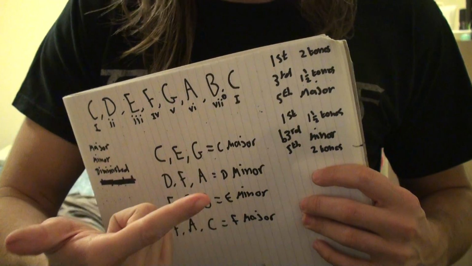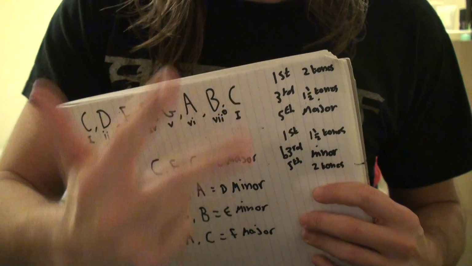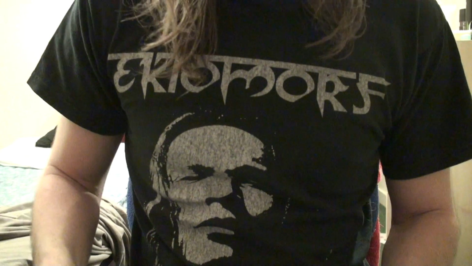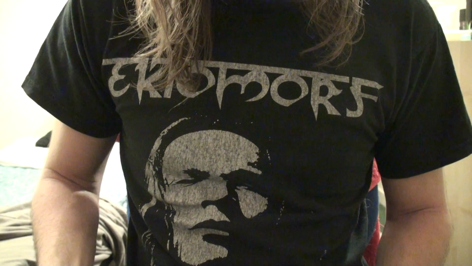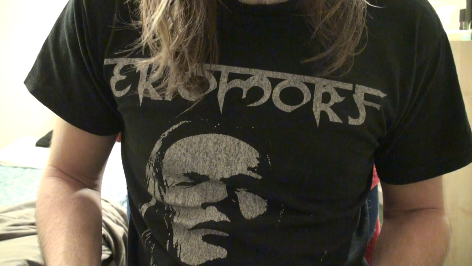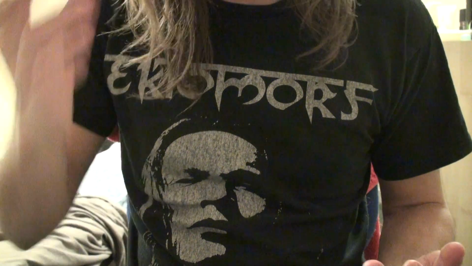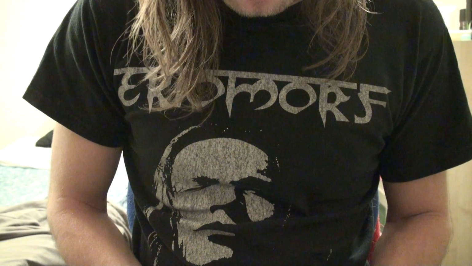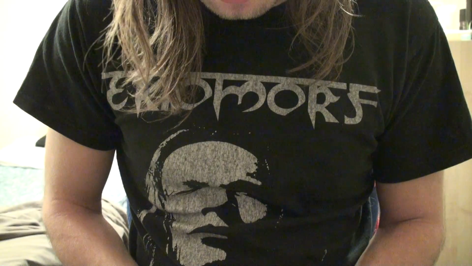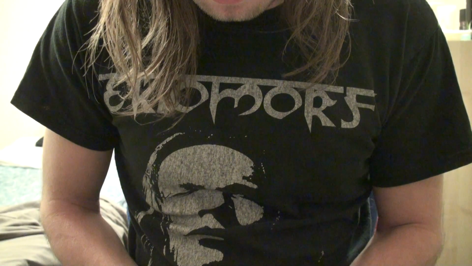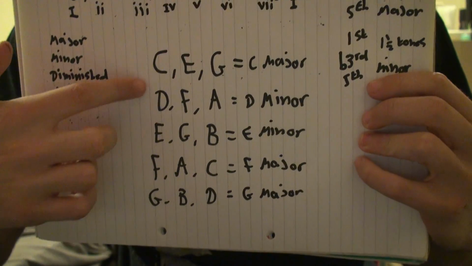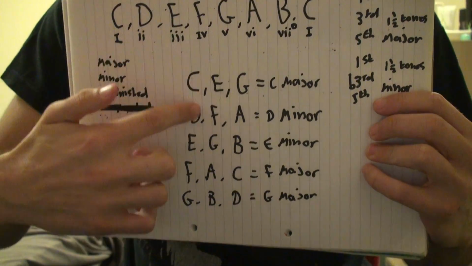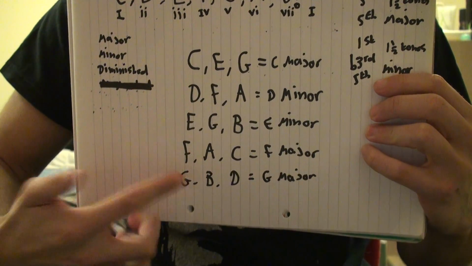So you have A sharp, B, there you go, 3 notes. So then you just use this formula to work out all the notes in all the triad chords. So G, B, D, that is G major. Like that. So we've worked out the first 5 chords in C major.